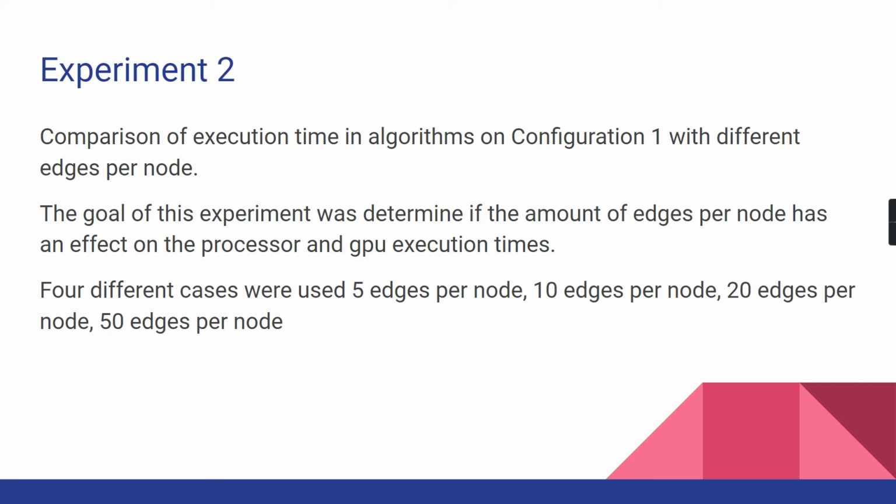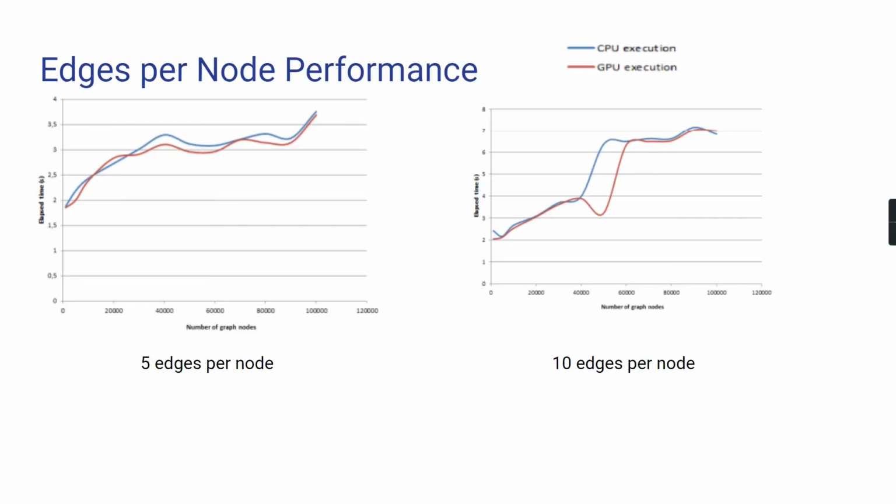In this, there were 4 cases used: 5 edges per node, 10 edges per node, 20 edges per node, and finally 50 edges per node, and they were all run on configuration 1.